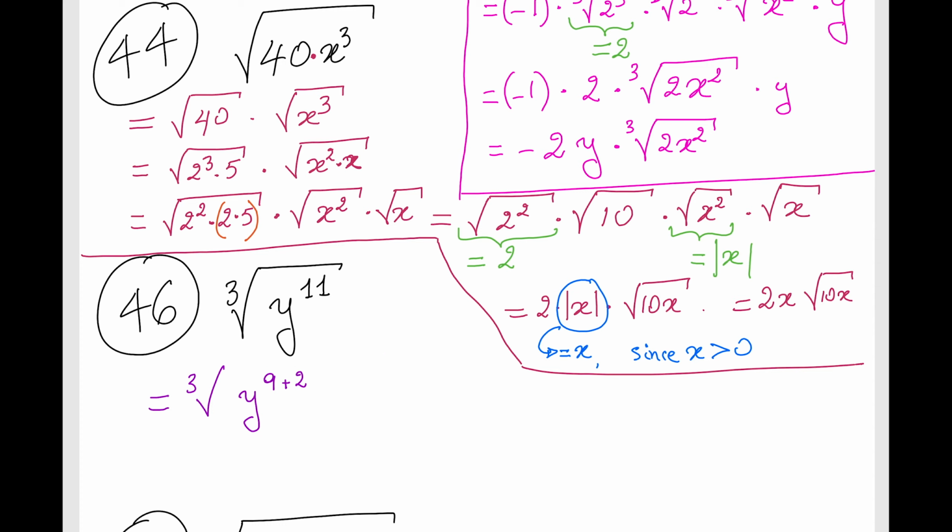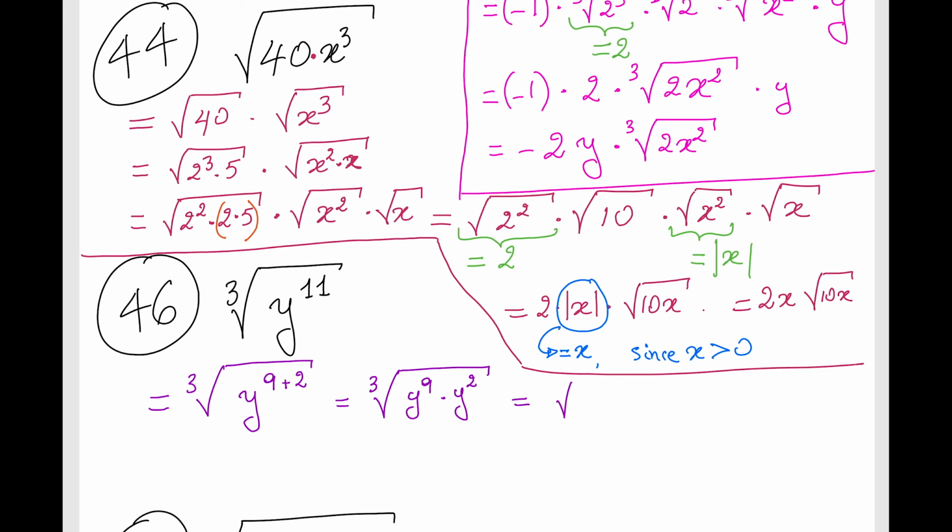So let me use this as a first step. So I get this. And this is the same as the third root of y to power 9 times y squared, correct? If you don't believe me, go backwards. Y to power 9 times y squared, I have two exponential expressions with the same base. We keep the base, we add the powers. So these are the same. Okay?